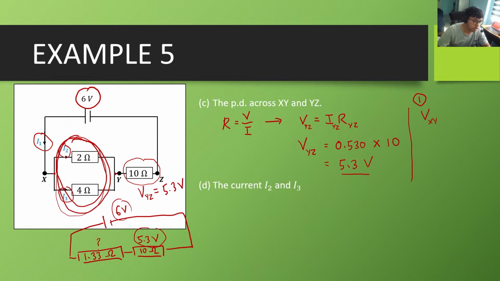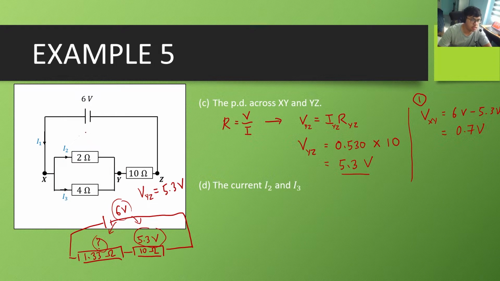What is the voltage across the other resistor? This is the series circuit rule for voltage. The voltage from the EMF is shared between the components that are in series. So if you want to find the voltage here, it's basically 6 volts minus 5.3 volts, and that will give us 0.7 volts.